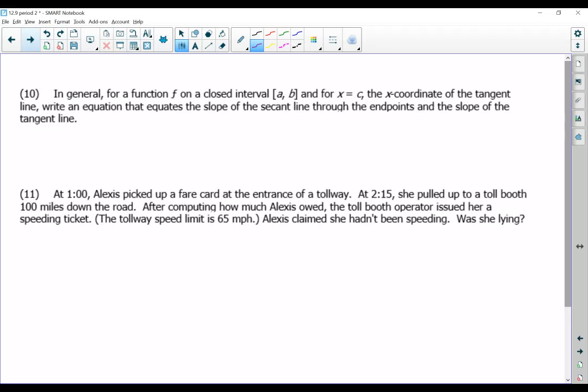So now let's look at what this means. In general, for a function on a closed interval a to b, if we have a tangent line that is parallel to the secant line, then the equation of that tangent line at x equals c... well, what do I know about parallel lines? They would have the same slope.